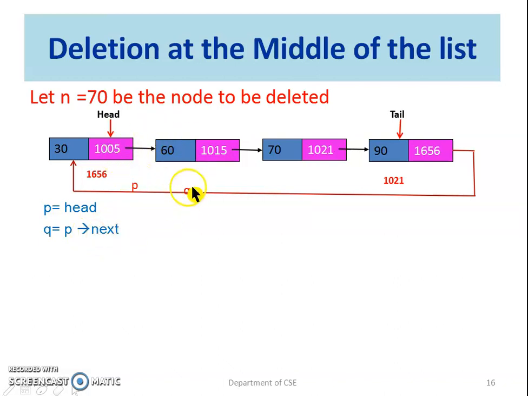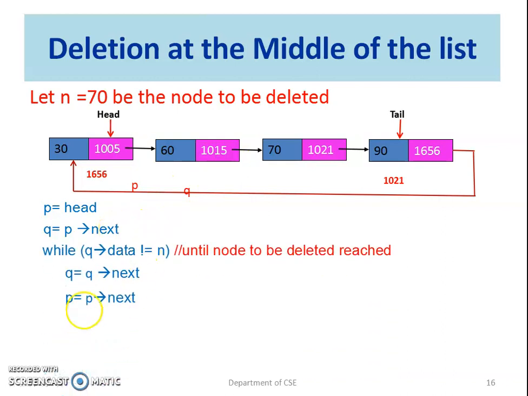The two pointers P and Q are made to traverse through the list until we find the node whose data is to be deleted. Once the node is reached, here which is pointed by Q, then make the next field of P point to the node which is pointed by Q.next.